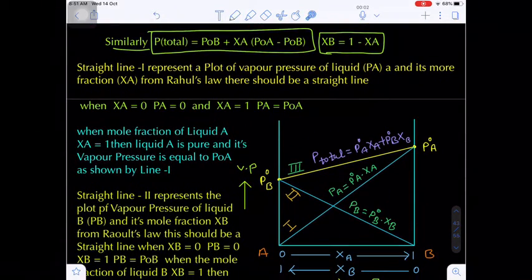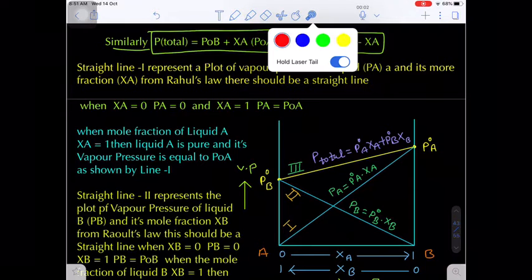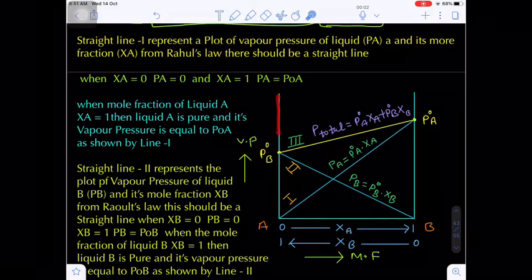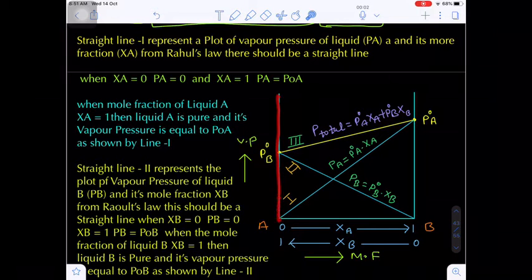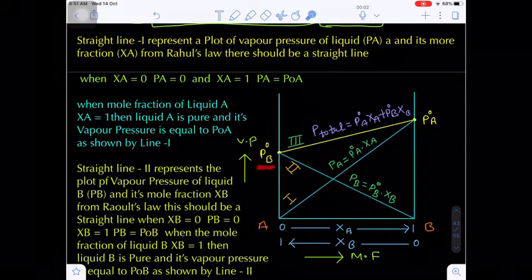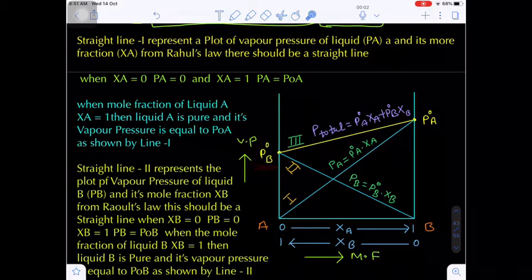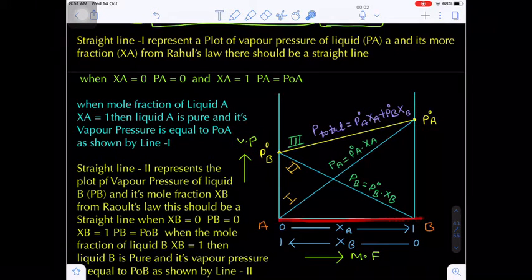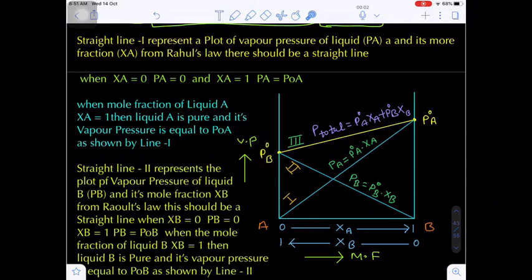Okay, now here there is a graph drawn between the mole fraction versus vapor pressure. This straight line is the line corresponding to the vapor pressure of pure component B, and this is the line corresponding to the vapor pressure of pure component A. This is the vapor pressure axis, and this is the mole fraction axis. Suppose here I am taking component A, then the mole fraction of component A will be 0.